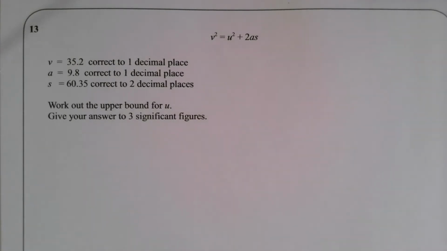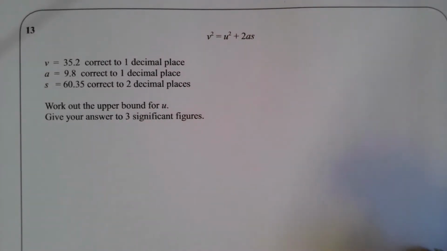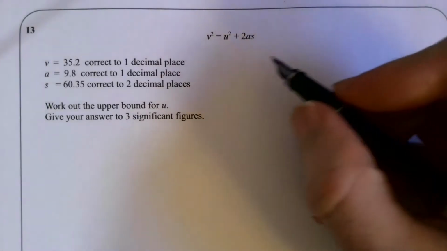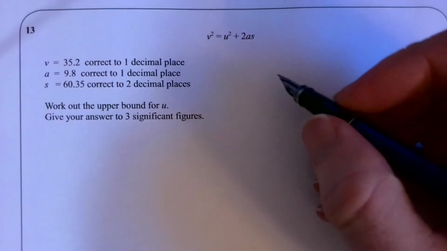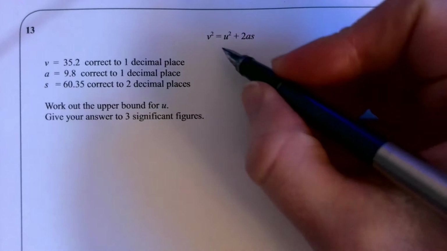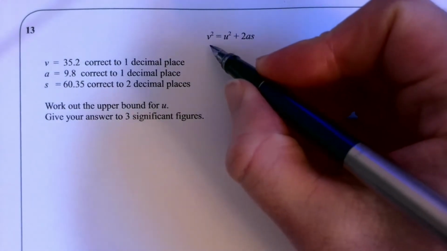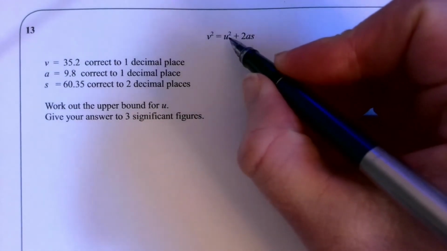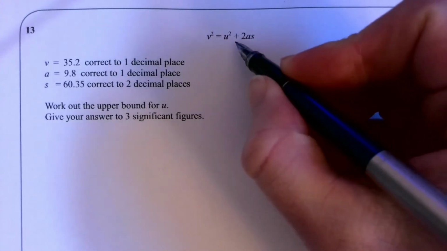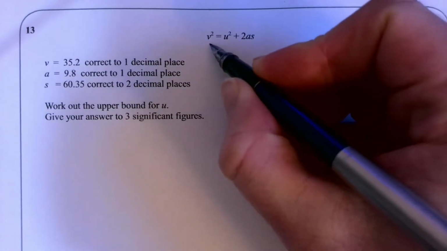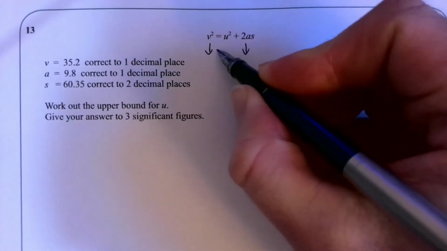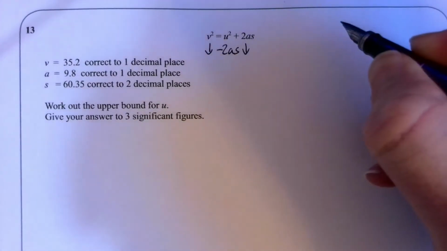Right, now there are sort of 3 different stages to this problem, and for the first 2 stages it doesn't matter which order you do it in. So I'm going to do the rearranging first, but I could, if I wanted to, work out the bounds first. So I need to make u the subject of the formula. So I'm going to get rid of the 2as by taking 2as from both sides.